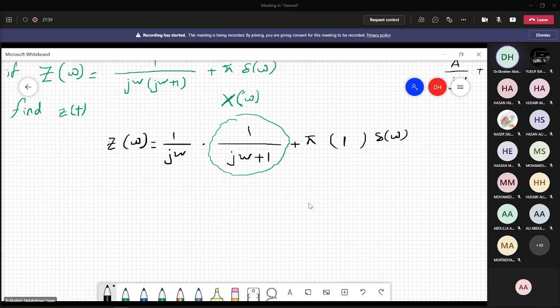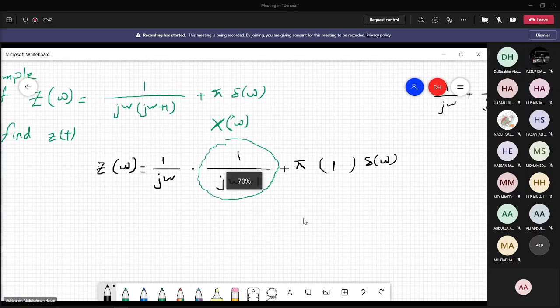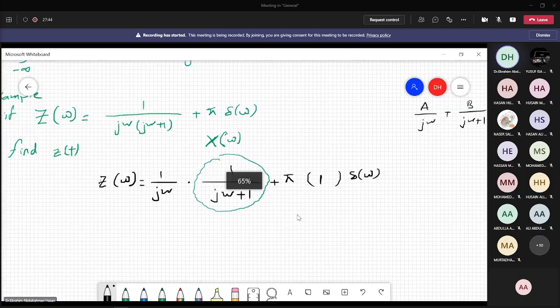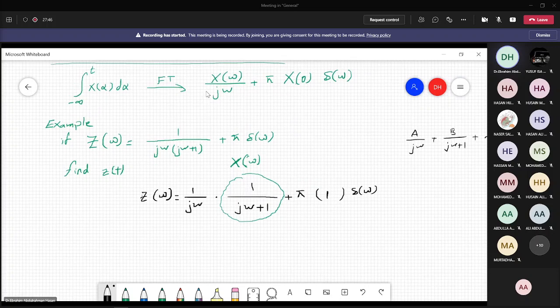Okay, then this is equivalent in time domain. It says if you have this in the frequency domain, then in the time domain it equals integration. So the inverse Fourier transform is the integration from minus infinity to t of x of t of this one.